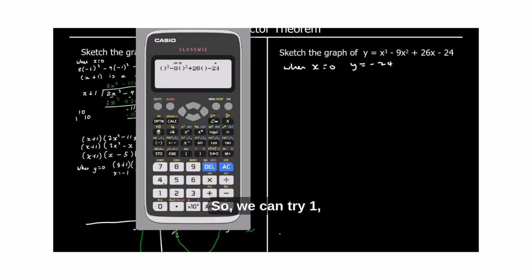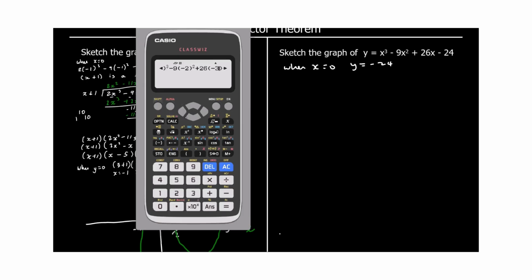So we can try 1, negative 1, 2, negative 2, 3, negative 3, and so on. Let's try negative 1 first. So that's negative 60, that's not good. Negative 2: negative 120.